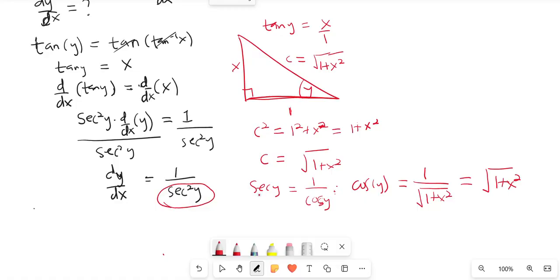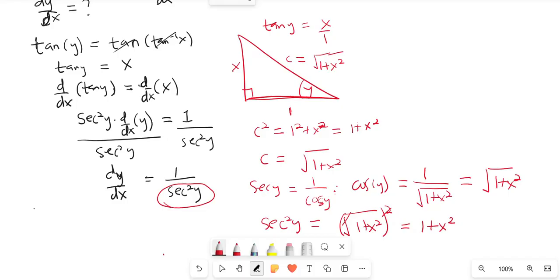So if we have secant y equal to the square root of 1 plus x squared, then secant square y is just equal to the square of secant y. So we square that, and this is going to cancel the square root because square root is to the power 1/2, and that should be equal to 1 plus x squared.